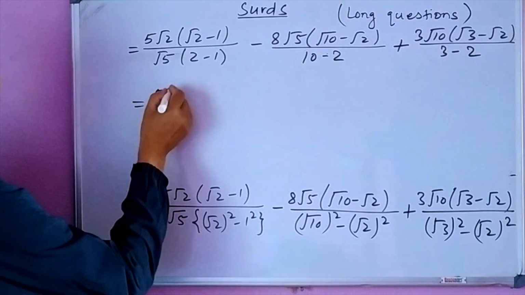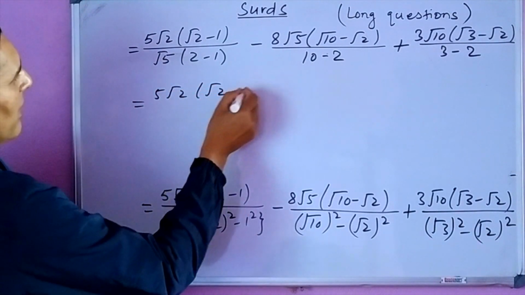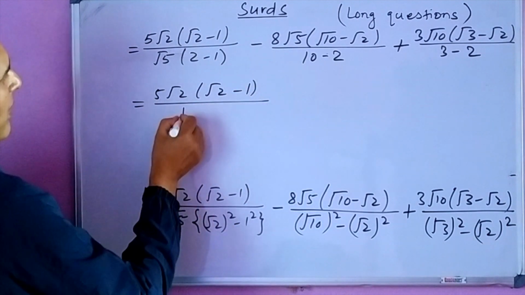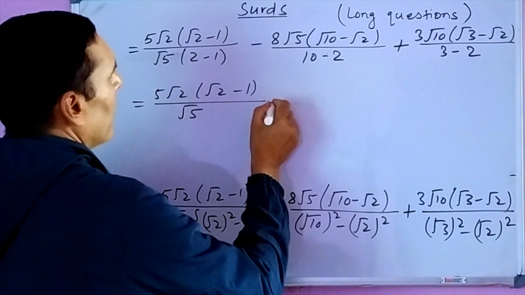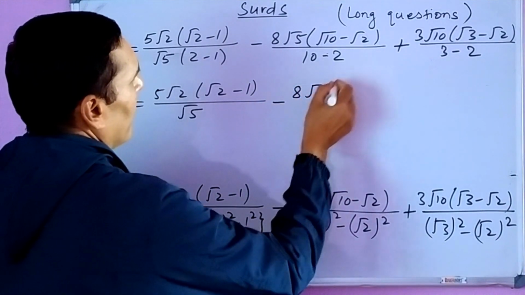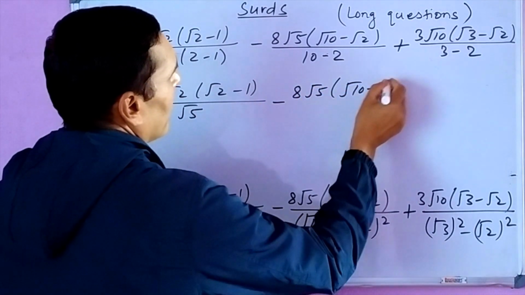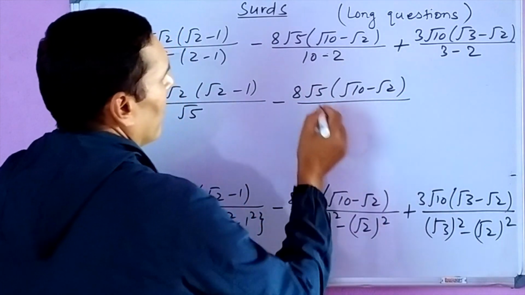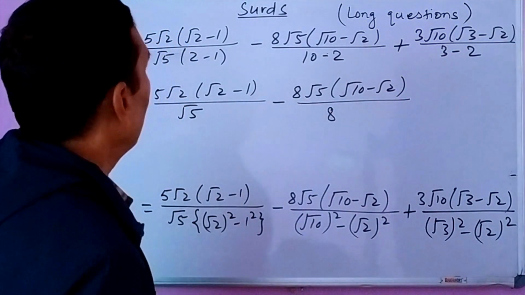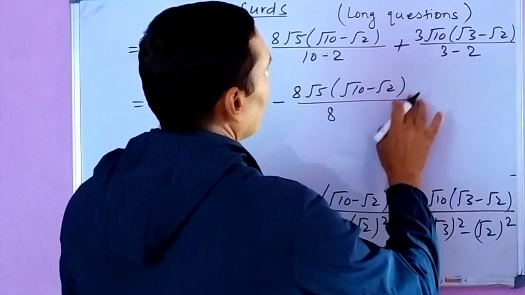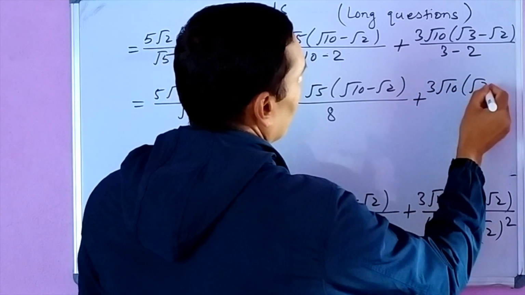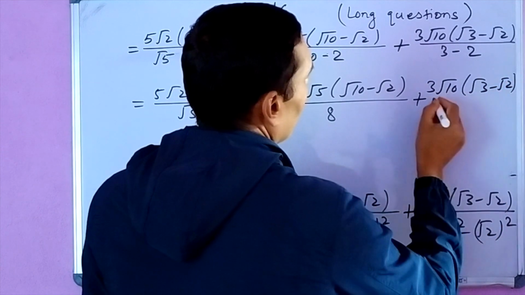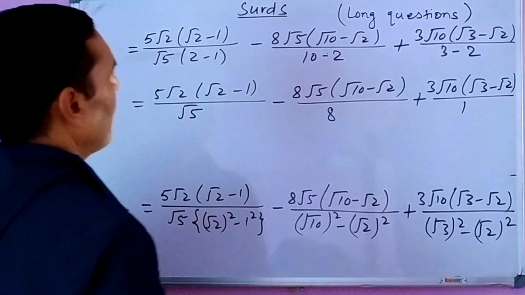So 5√2 − 1 upon √5 only, because 2 minus 1 is 1. Then 8√5(√10 − √2) upon 8, so we get 8 upon 8, and 3√10(√3 − √2) upon 1.